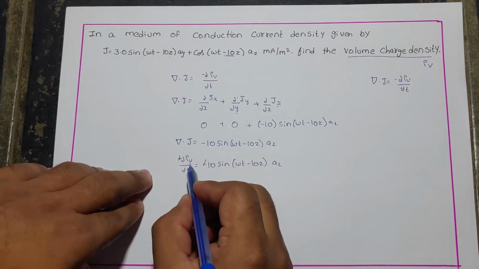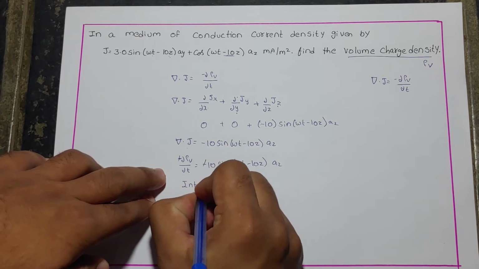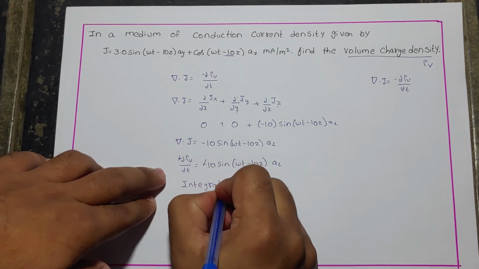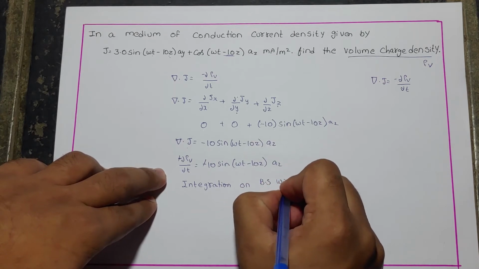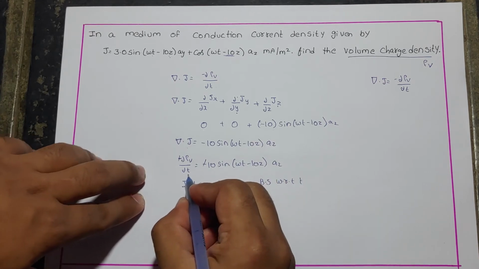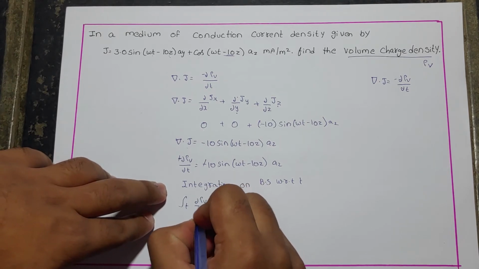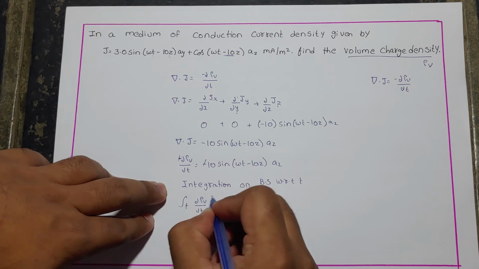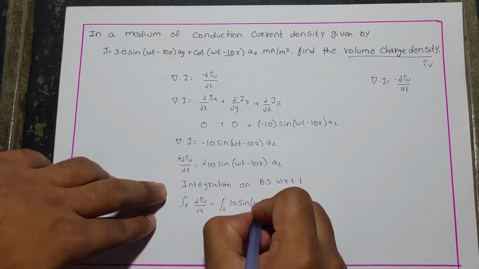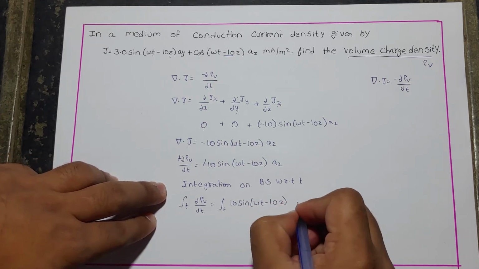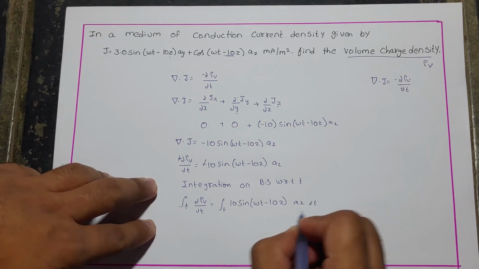As we need only volume charge density rho v, let us apply integration on both sides with respect to t. That is, integration of dou rho v by dou t dt is equal to integration of 10 sine of omega t minus 10z in az direction dt.